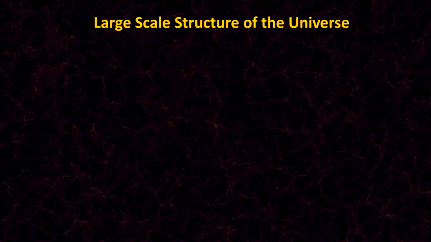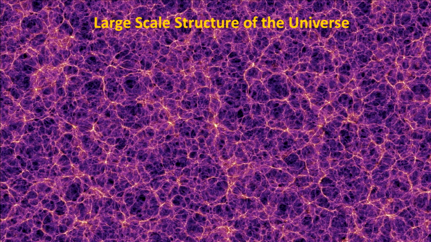Now, the last thing I want to do is show you an image that is produced by a computer. And this is showing you the large-scale structure of the universe. Now, this is not data, meaning these are not plotted or measured galaxies, but this is a computer simulating the structure of the universe if you could see it on a really big scale. Every little tiny white dot in here is a galaxy.